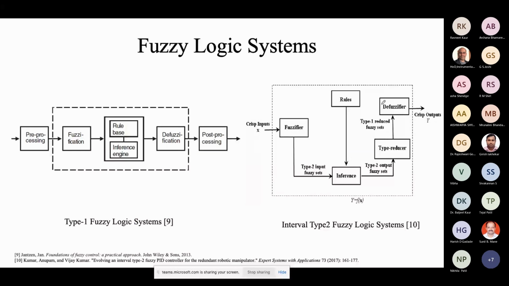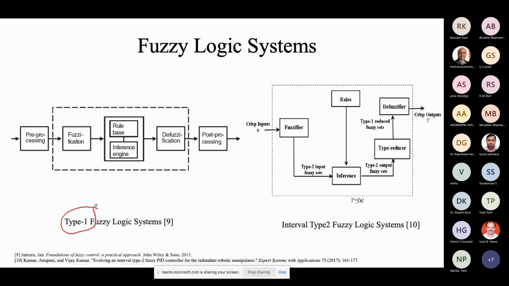These are the steps we perform while applying fuzzy logic. This is type 1 fuzzy logic. I will explain type 1 fuzzy logic right now, and later on, if time permits, I can go for type 2 as well.